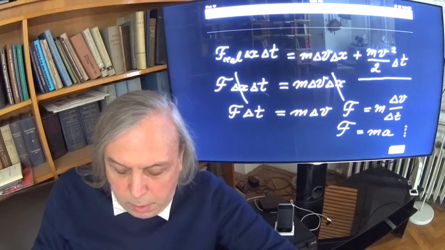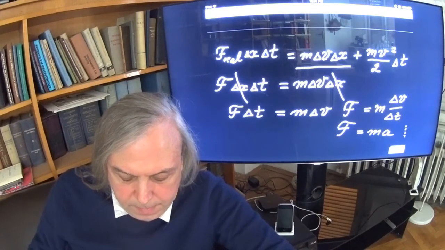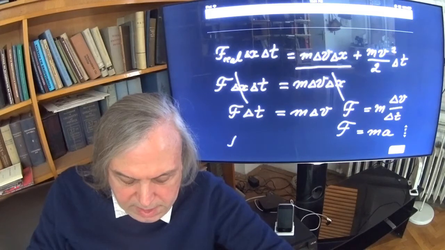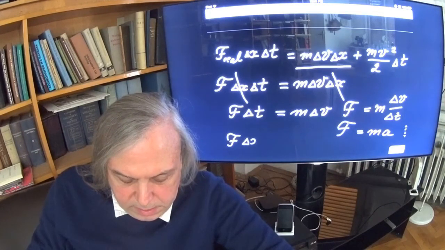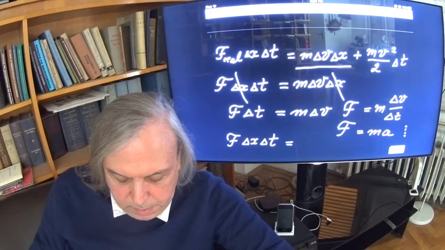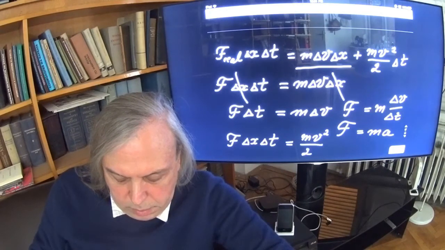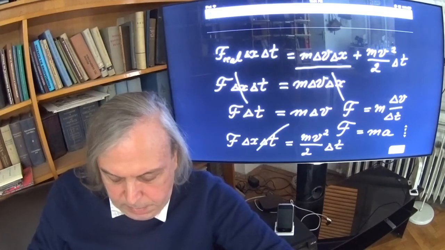Now, if we ignore the first term in the equation, we get F delta x delta t equals mv squared over 2 delta t. Right?